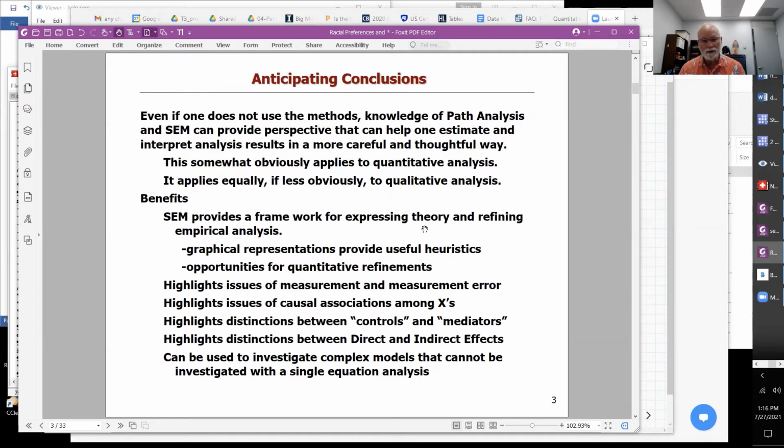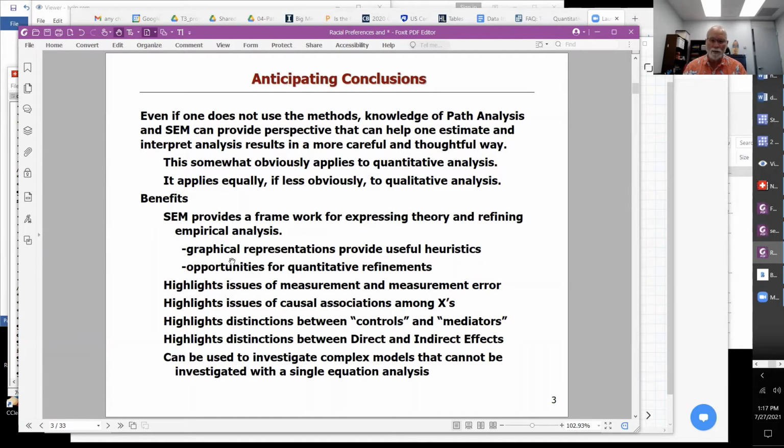So one of the things that structural equation modeling as a framework does, even if you never use it in any formal way, is train you to express theory in a way that makes many things explicit, and it makes you think about your empirical analysis in more careful ways. Some of the tools used in developing models in the structural equation modeling perspective draw on graphical representations, and those can be really helpful for any kind of analysis.